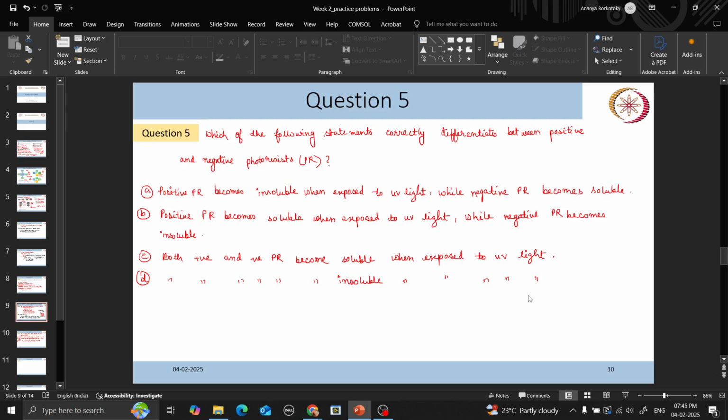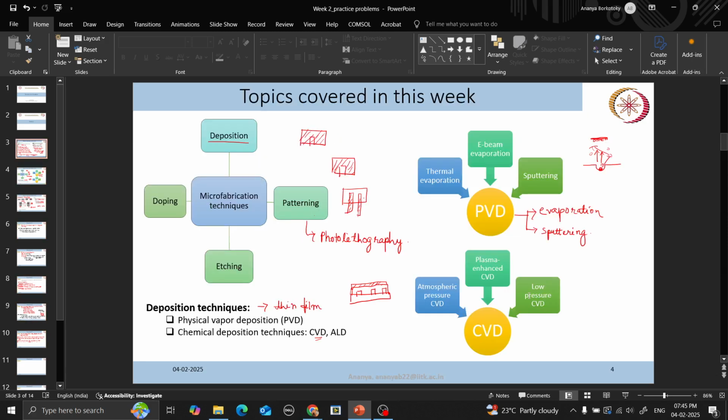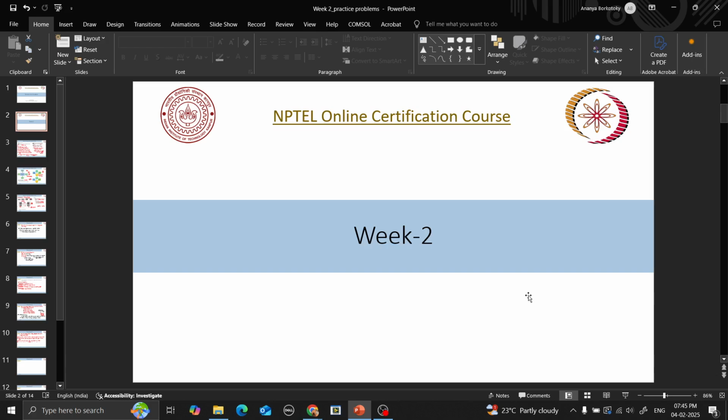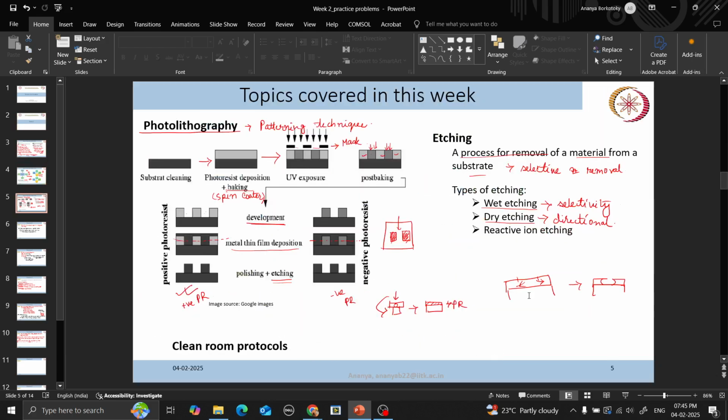I can show you the figure that I showed you earlier. This is for positive photoresist and this is for negative photoresist. This figure is after UV exposure and development. If you remember this figure, then you will be able to answer this question.